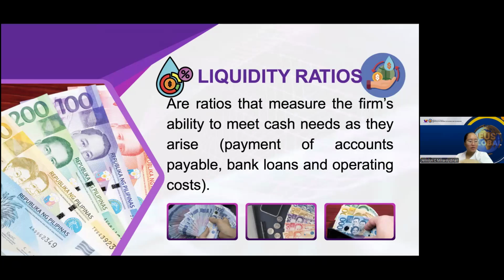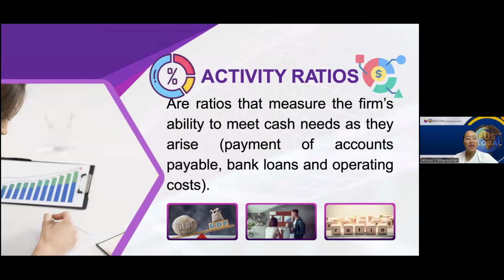financial obligations. Then we have the activity ratio, which measures how efficiently a company manages its assets, such as accounts receivable, inventory, fixed assets, and these ratios indicate how quickly and effectively the company converts its assets into sales or cash.